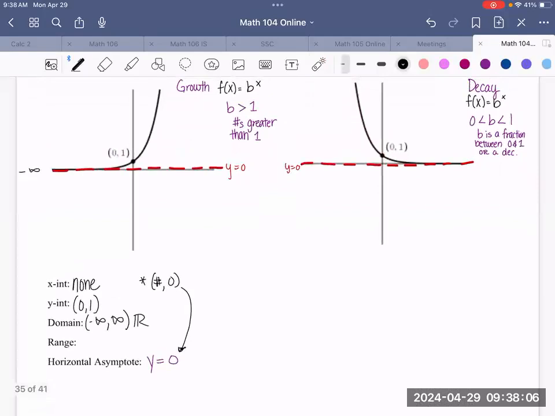Now your range, right? We said y cannot be equal to 0. It's that invisible barrier. So we're going to start your values at 0, but notice that we're not going to include them. We're going to get as close as possible to this line, and then we're going to skyrocket up to infinity.